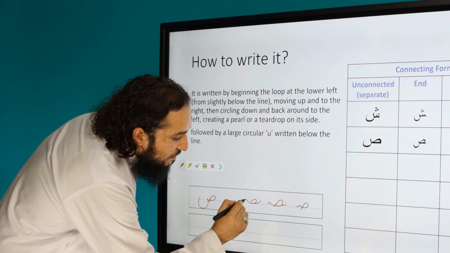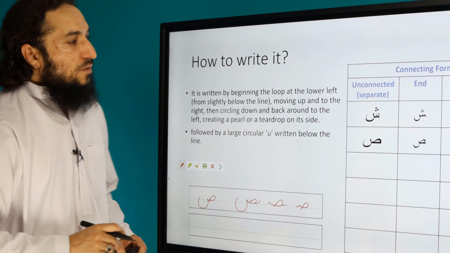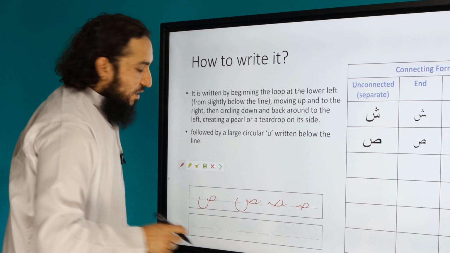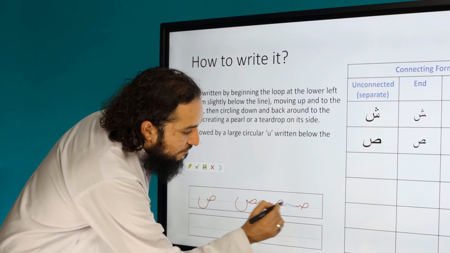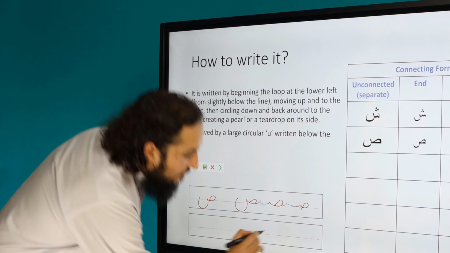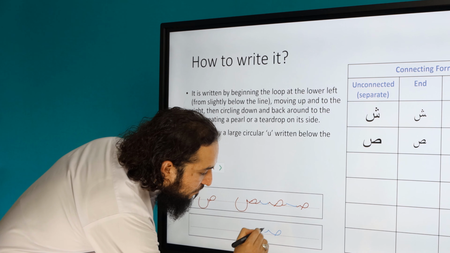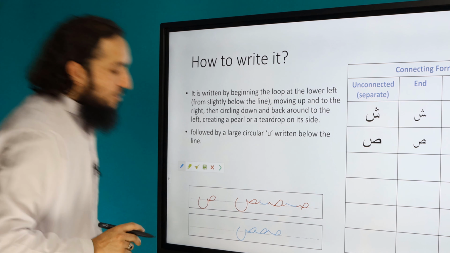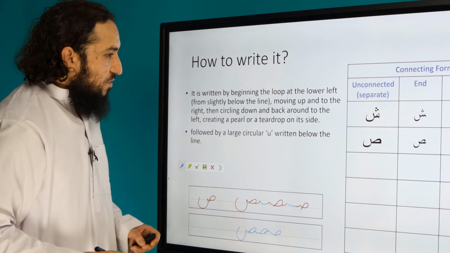So those are the different shapes of writing, and we can connect these. If it's connected, then we have to write it like this.